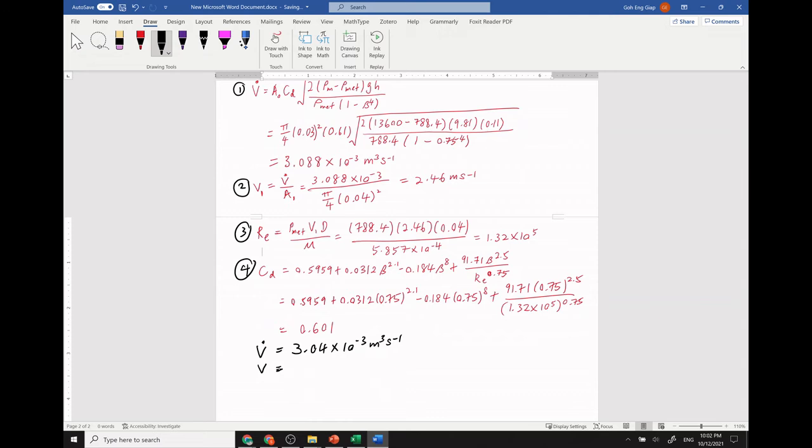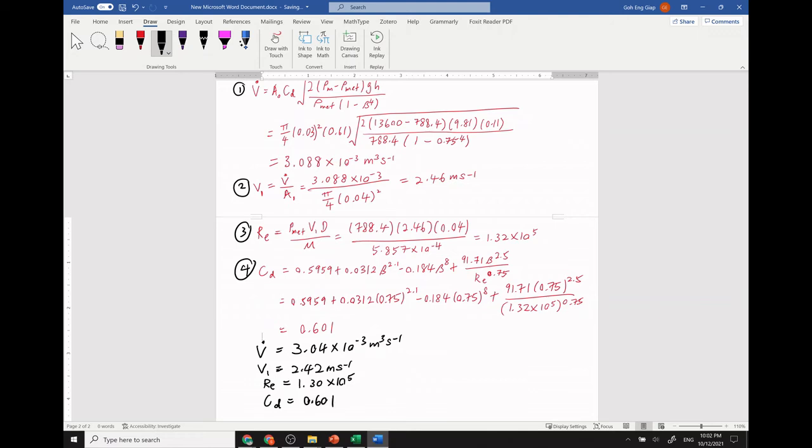Then we repeat calculation number 2, V1, we get, what do we get? 2.42 meter per second. And then we calculate the Reynolds number again, repeating step number 3, we get 1.30 multiply 10 to the power 5. And then we calculate step number 4 again, repeat CD value. So the CD value we get 0.601.